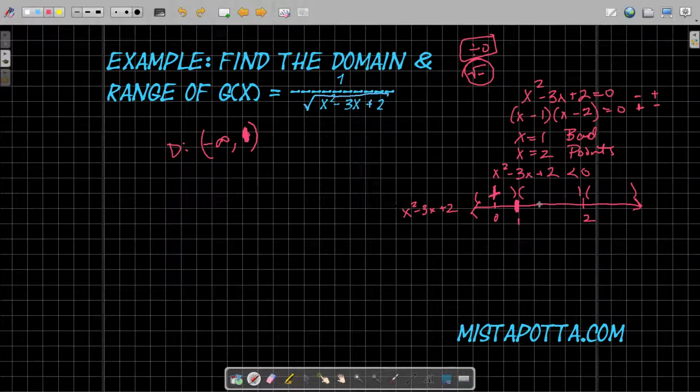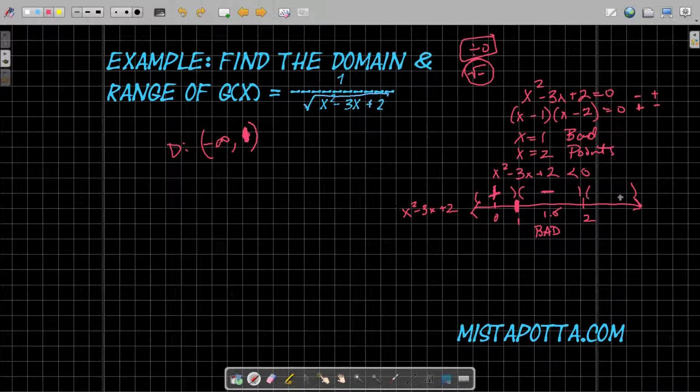Now I need to consider this interval from 1 to 2, so let me try 1.5. So 1.5 minus 1, that's positive 0.5. 1.5 minus 2 is a negative 0.5, and a positive times a negative is a negative, which means these are going to be bad points.